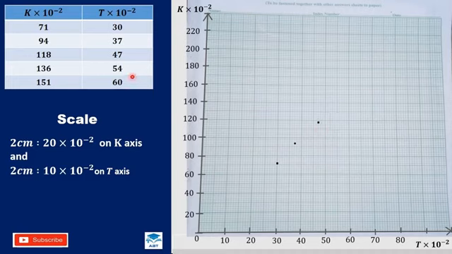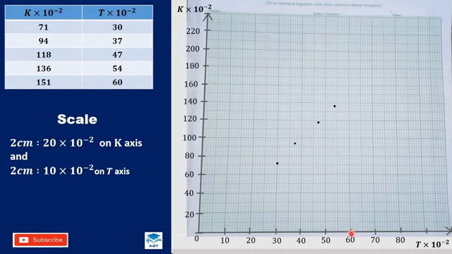The next one, 54. This is 50. We count 4 more boxes for 54. And for 136, this is 130, and we move 3 more boxes for 6. So we have the point around this place. And the next one is 60.